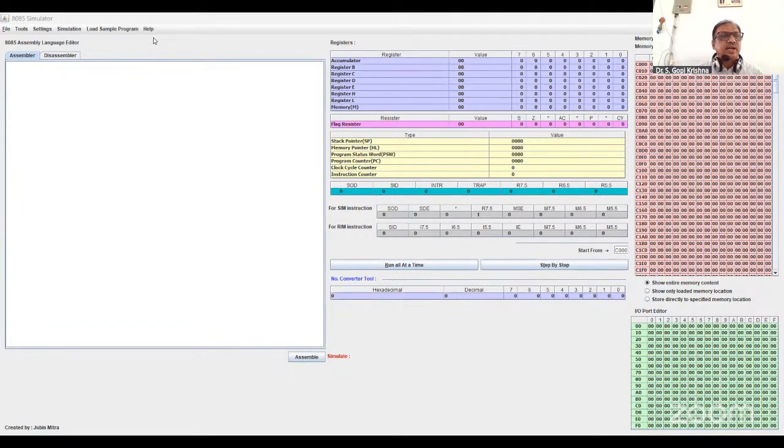First of all, the data transfer instructions. The move instruction, MOV RD, RS. RD is the destination register and RS is the source register. Whatever is in the RS register, that content will be moved to the RD destination register.